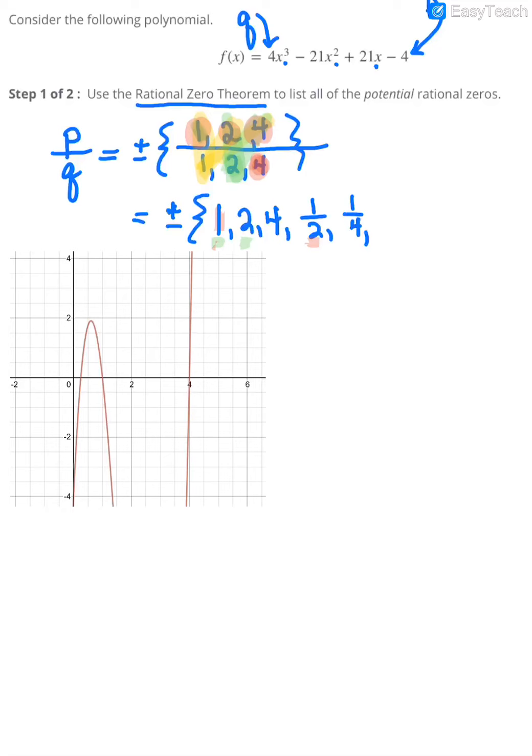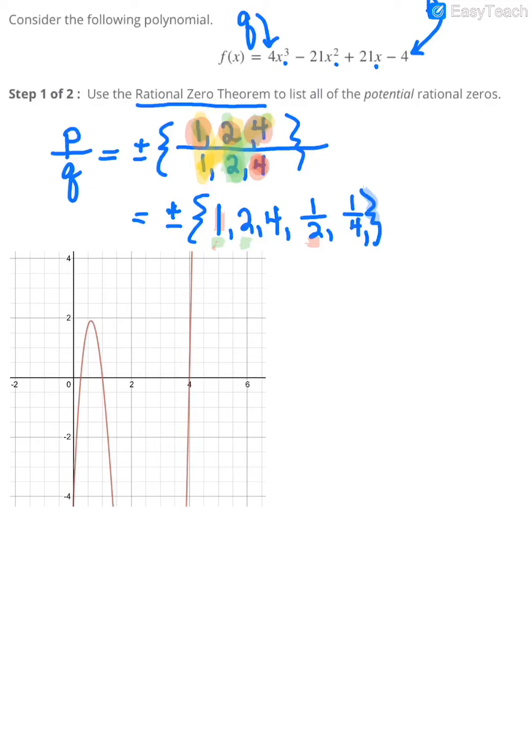So every number on top gets combined with every number on bottom, and that is how you make your list of potential zeros. Now, we are going to be referring to the actual graph to get at least one zero that we can see on the graph. You can't necessarily see them all because, especially if they are irrational, we can't estimate those just by looking.